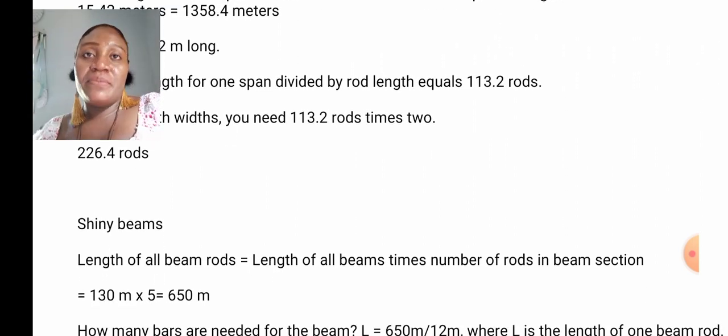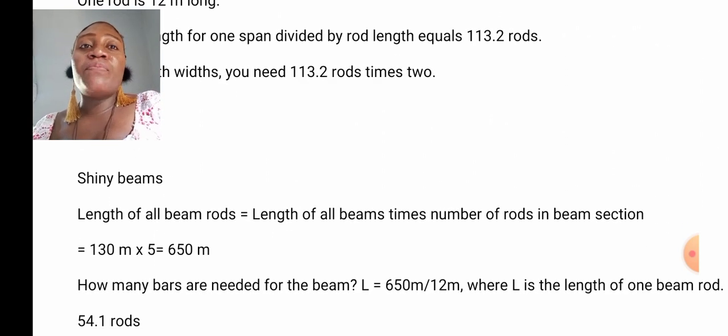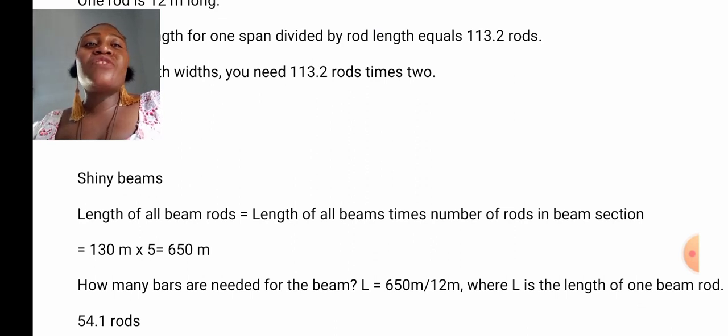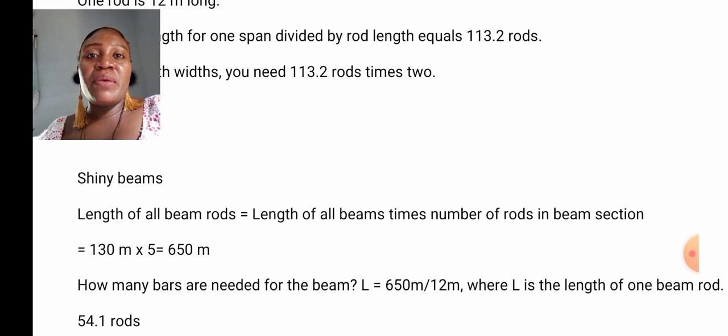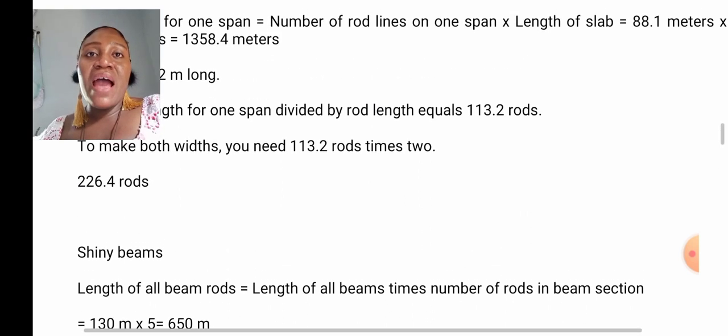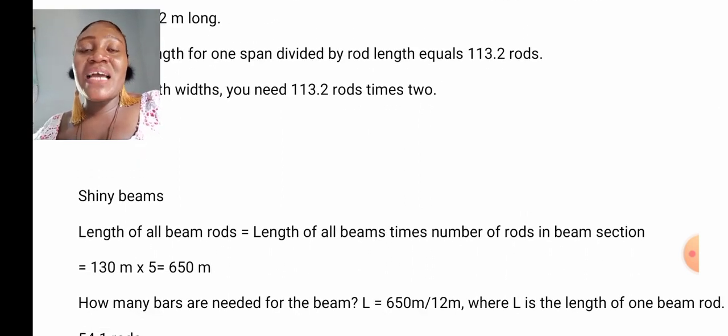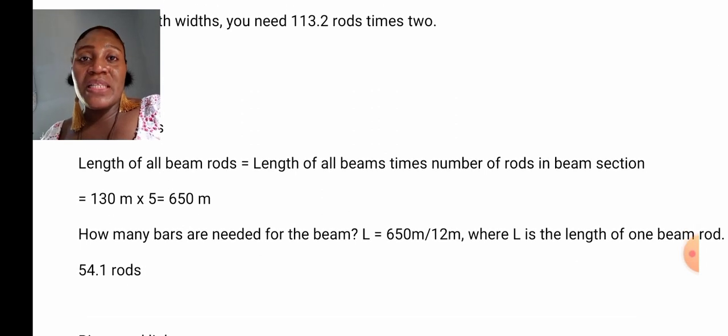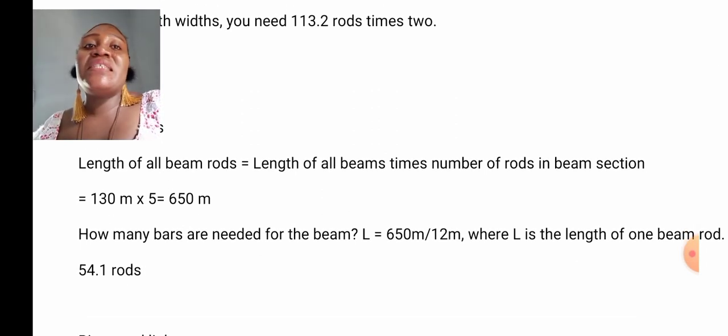Now for the beam. Length of all beam rods equals length of all beam times number of rods in beam section. Now we have 130 meter times 5, which gives us 650 meter. How many bars are needed for the beam?